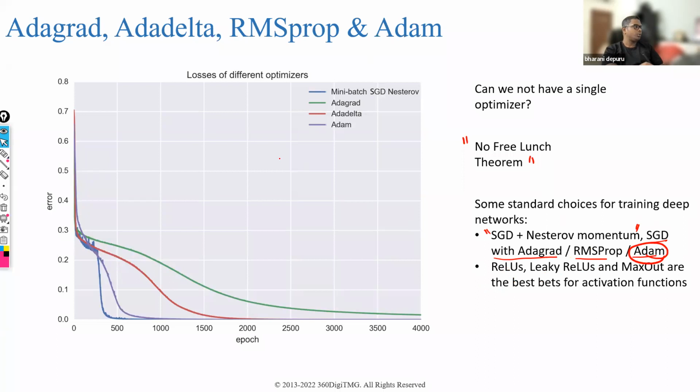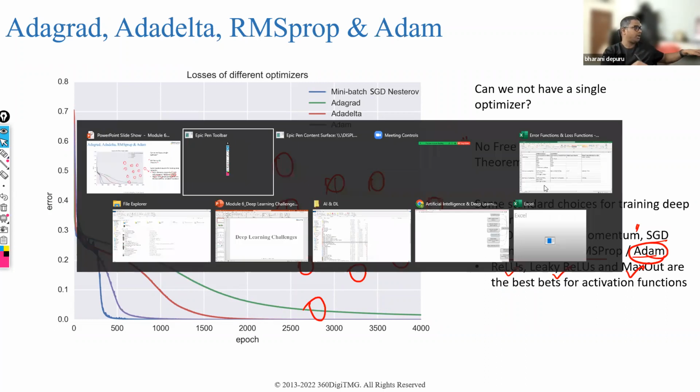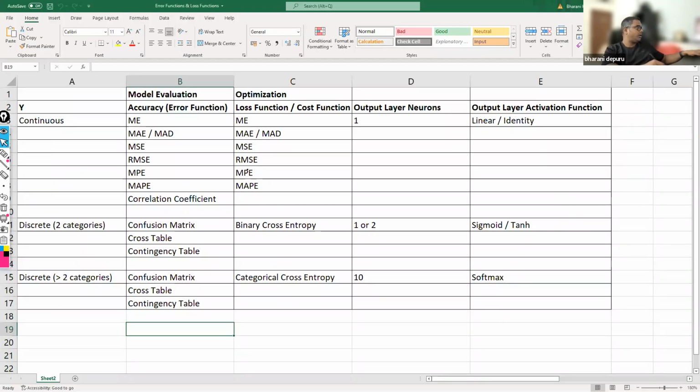Then when it comes to the activation functions in the hidden layers, ReLU or Leaky ReLU or Maxout are giving the best results. So you can try out those. But for the output, you know what neurons you have to use. We already have spent time here.